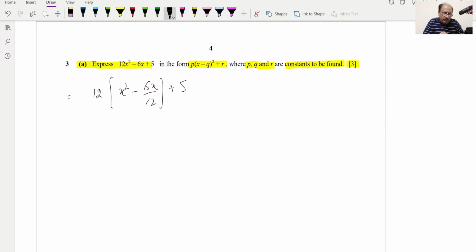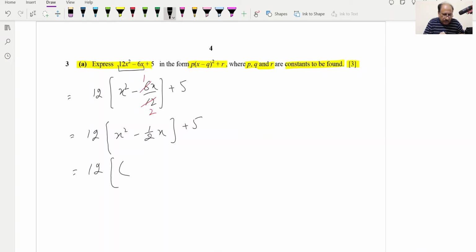We have taken 12 common from only the first two terms, and now 6 we can cancel. 6 ones are 6 and 6 twos are 12. Now our equation will become 12 into x squared minus 1 by 2 x, and plus 5. Now we will apply the completing square method.